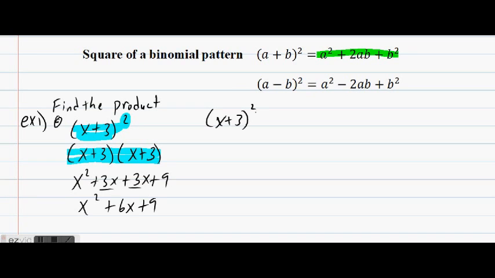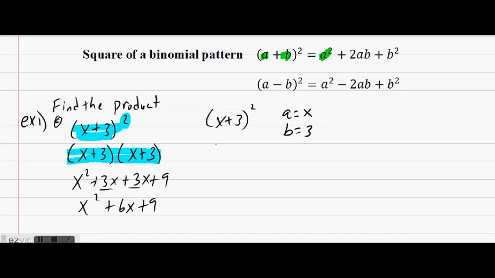So let's look at this problem again. X plus 3 squared. You notice we have an A and a B. I want to write that out: A equals x, B is equal to 3. Now if I follow this pattern, it told me A squared.